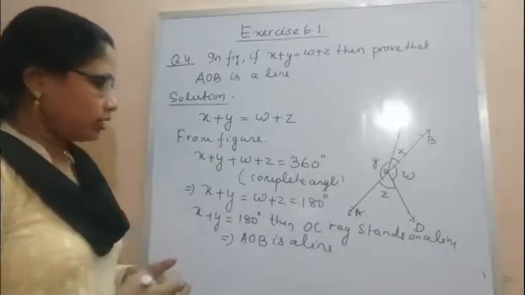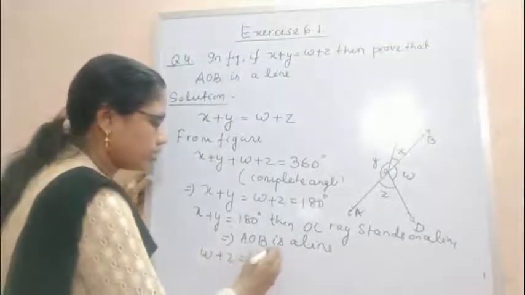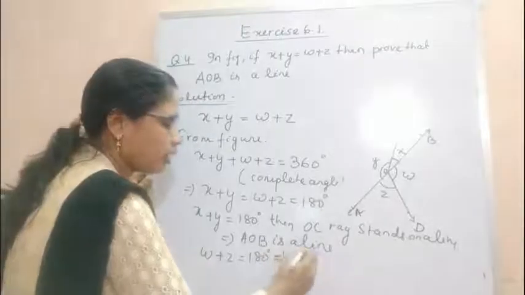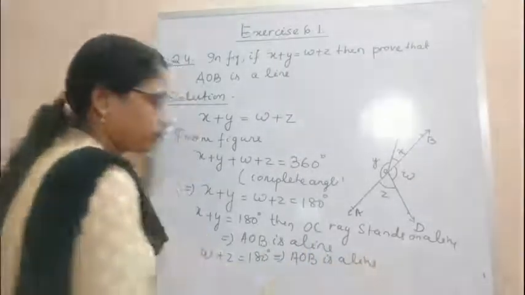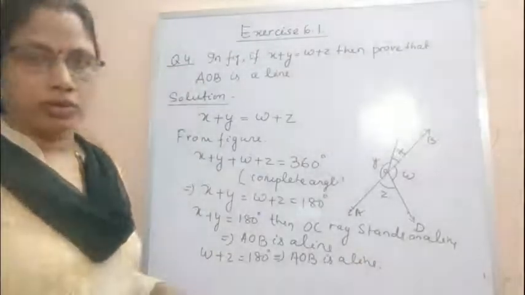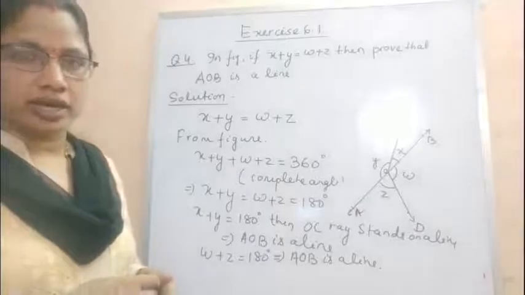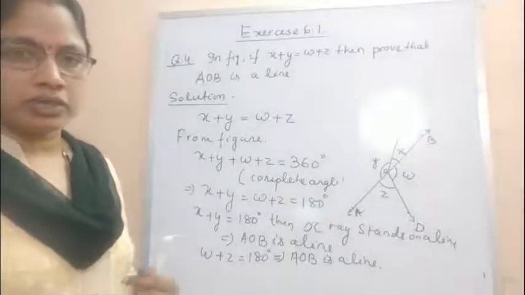Or if w plus z is 180 degree, this also implies AOB is a line. So in this way you can apply the axiom 1. If a ray stands on a line, the adjacent angles so formed, their sum is 180 degree.